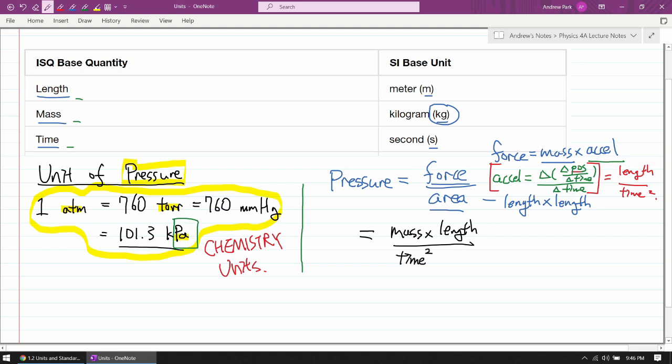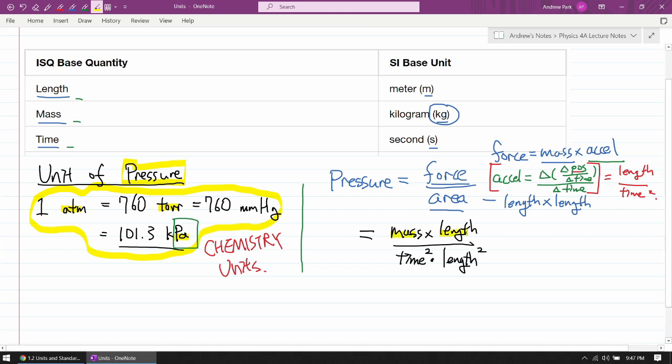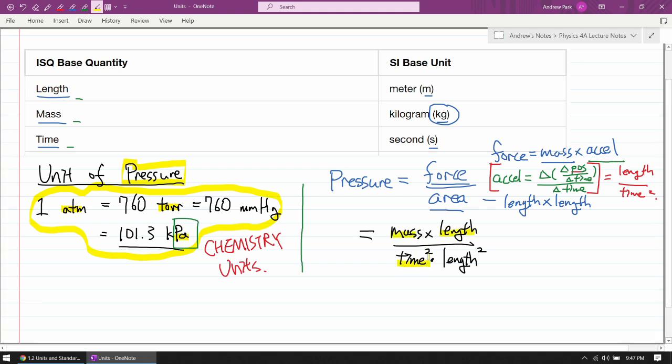So that's a unit for the force, divided by area, so that would be two factors of length, length squared. So that's a unit of pressure in terms of the fundamental units of mass, length, and time.